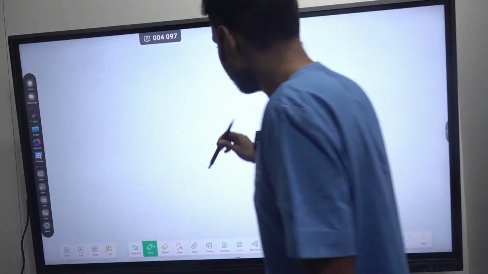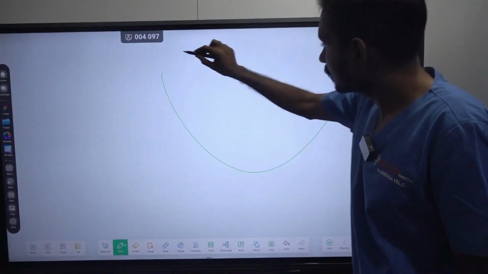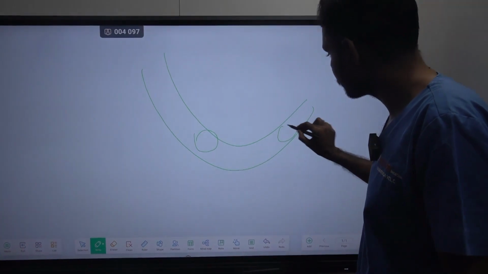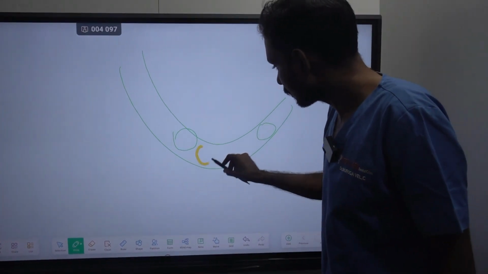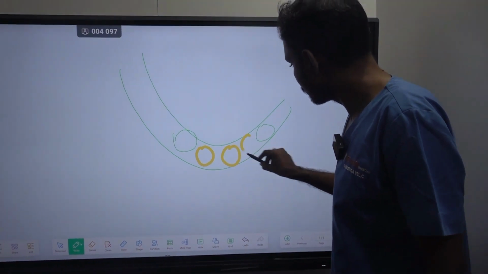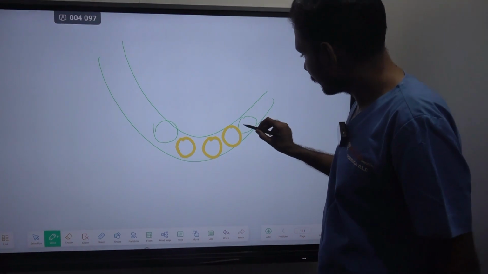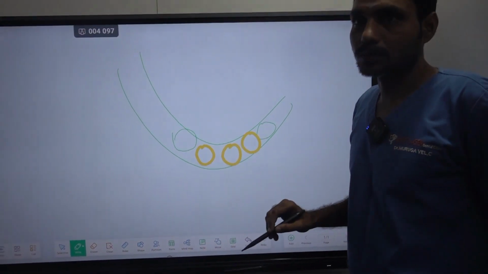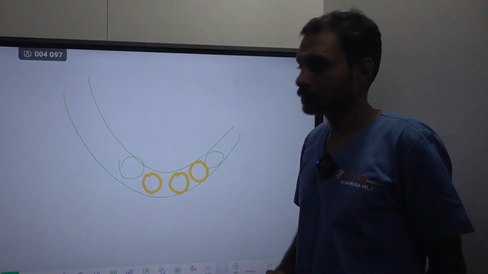Most commonly, this mistake we will do. This is canine. This is canine. 4 incisors, 3 implants. Okay, 1, 2, 3. See, between the tooth and the implant there is less bone. Between the implants there is less bone, and between the implant and the buccal and lingual cortical plate is also less.